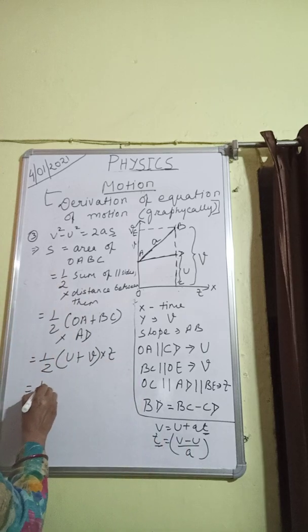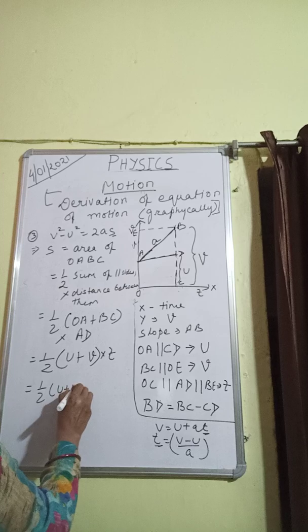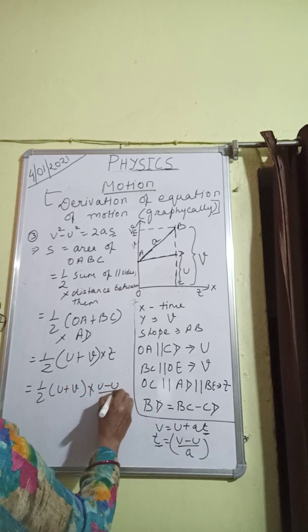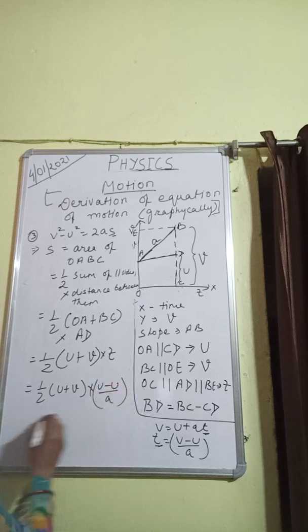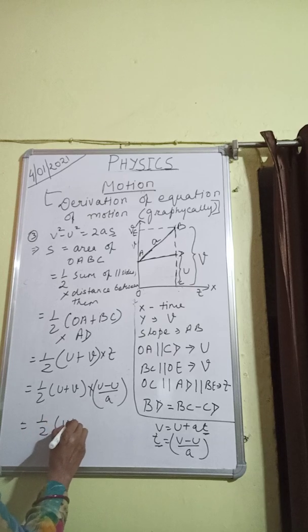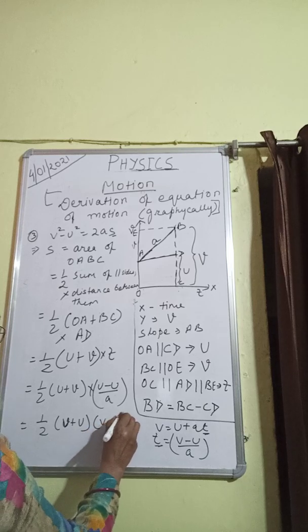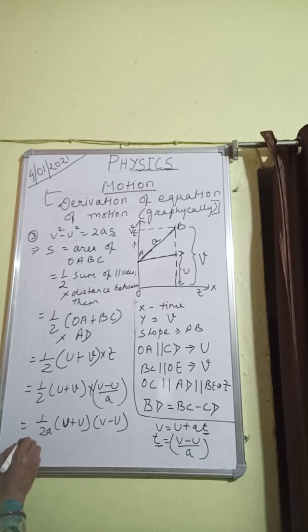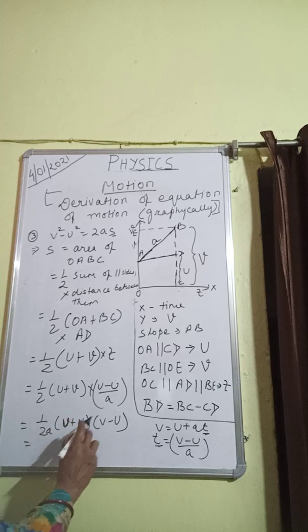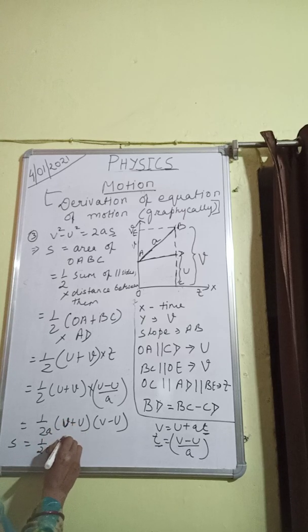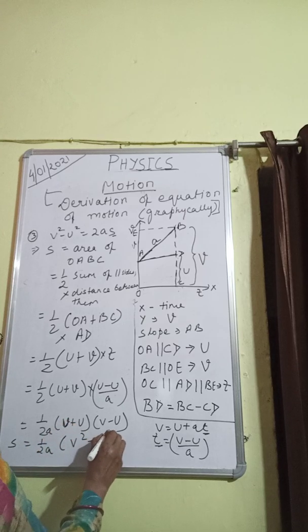We will get half into U plus V into V minus U by A. So directly I am writing half, U plus V, and V minus U by A. So we get a plus b into a minus b. So what have you got? S is equal to half, 2a, V square minus U square.